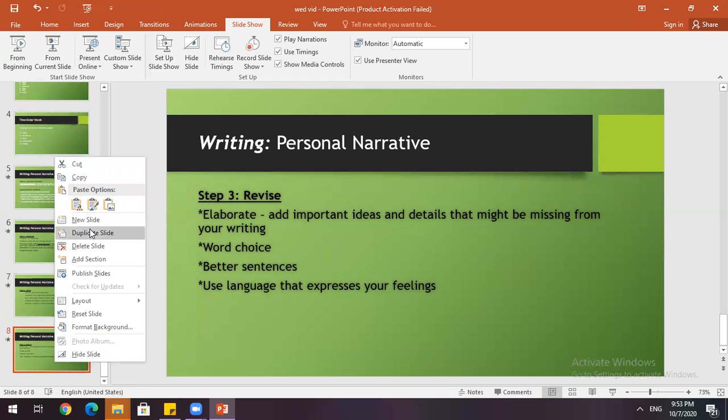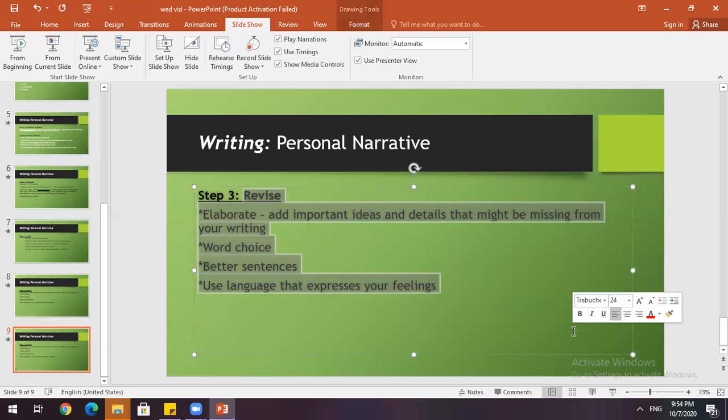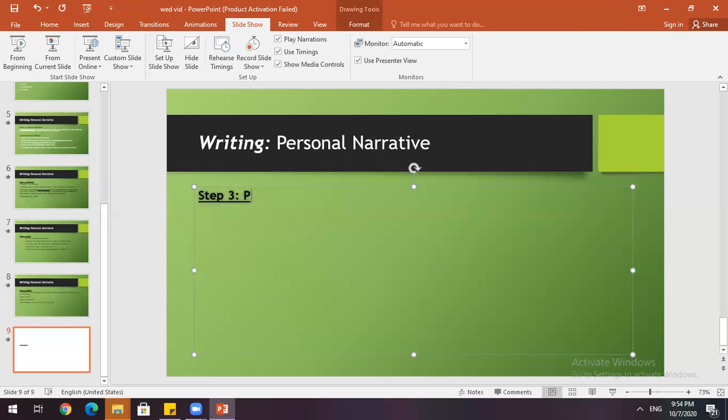Step 4 is proofreading. All right, step 4, proofread. What does it mean to proofread something?